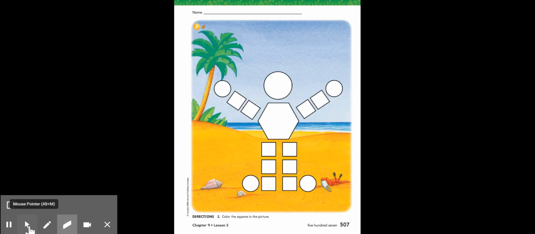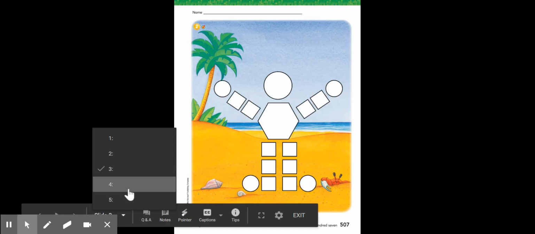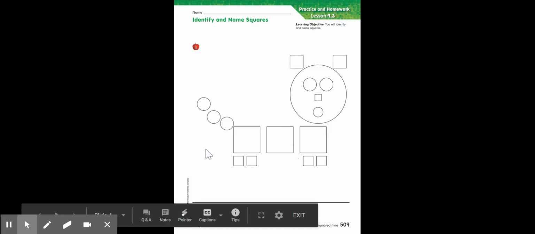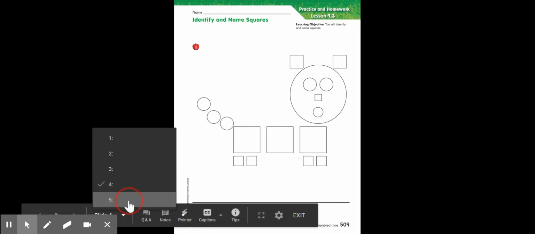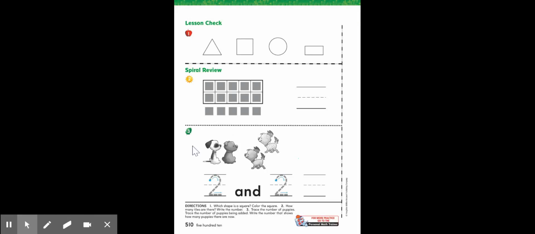Now, as another challenge, which I think you can all really handle because you are math rock stars, you're going to do this all on your own. You're going to find all the squares on this puppy, all by yourself. Then, as an extra, there are 1, 2, 3 questions.